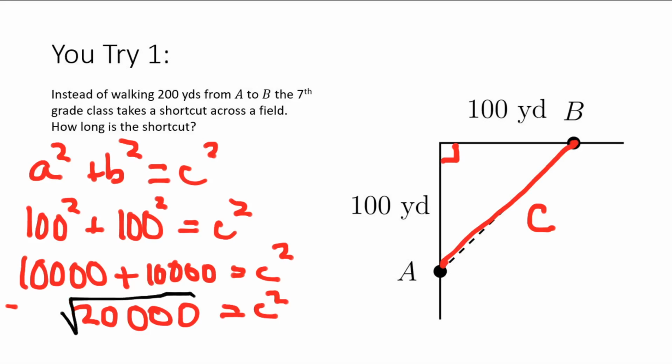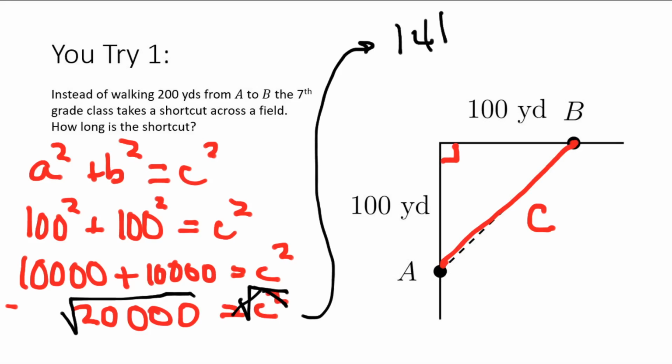If I take the square root of both sides, that'll cancel out the square with the square root. And the square root of 20,000 is not a very nice number, I will admit. I'm going to round it to 2 decimal places. So 141.42.